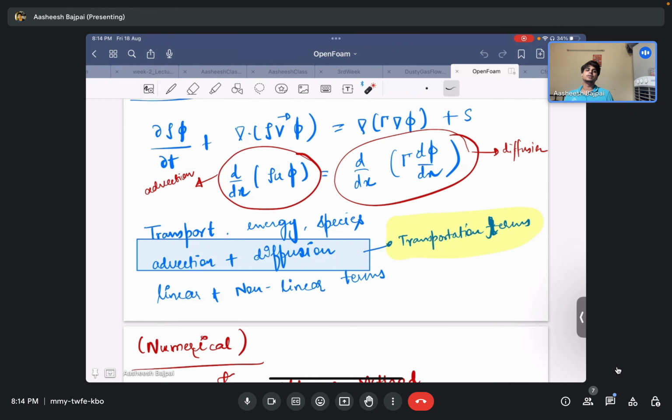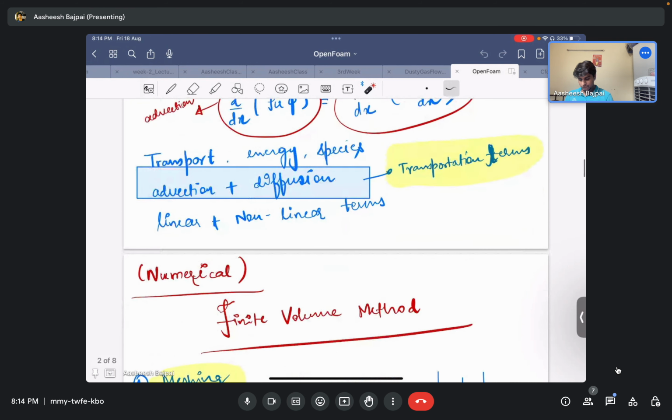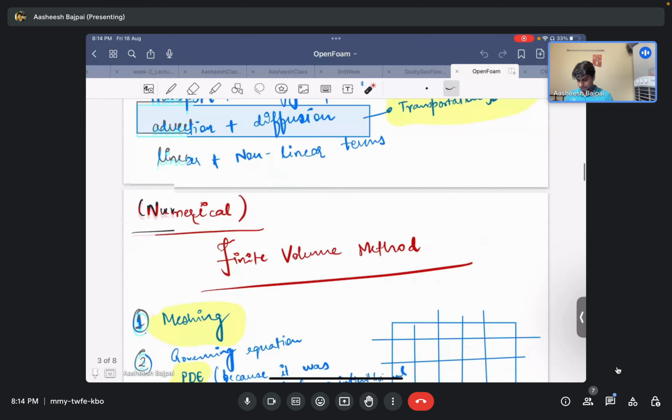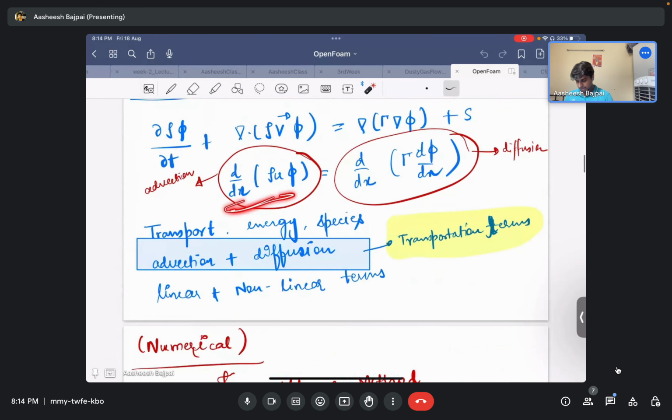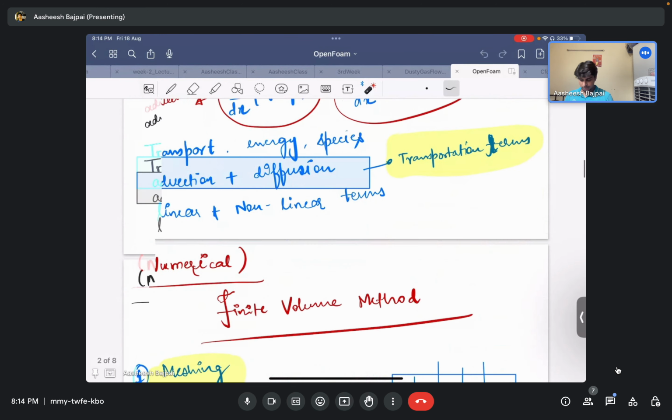That's why in the momentum equation there are two most important terms: one is the advection term and one is the diffusion term, which together are called the transport term, the transport of anything. Both linear and non-linear terms are there.